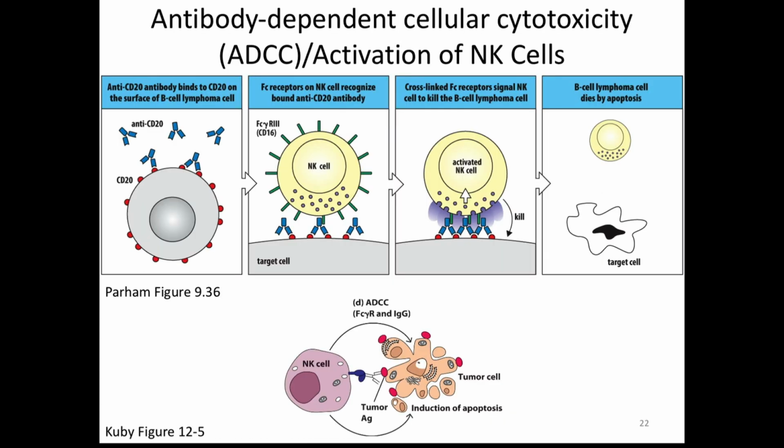When you learned about the function of antibodies, I told you about antibody-dependent cellular cytotoxicity, or activation of NK cells. This is that. So our NK cell has this Fc receptor on its surface. That Fc receptor is an activating receptor. If there is antibody bound to the surface of some target cell, that NK cell will kill the target cell.